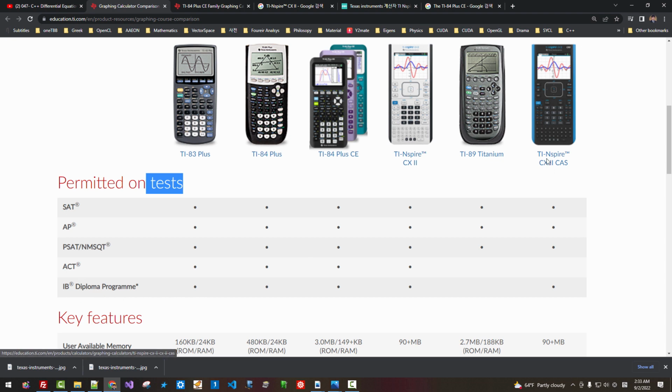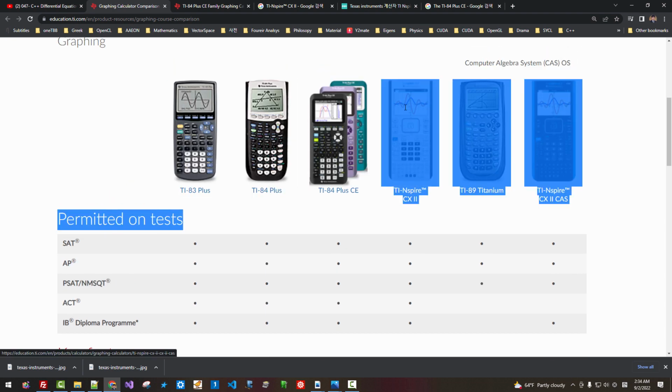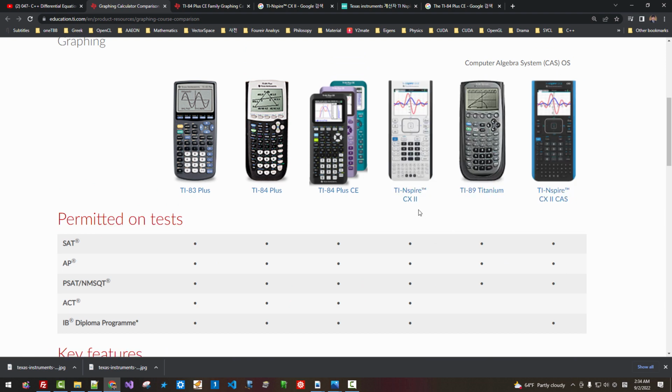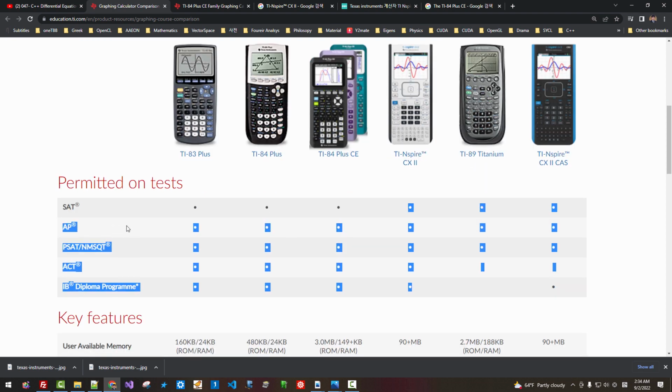In the case of the TI Nspire CX2 CAS, the ACT does not allow it, so please consider this point. If you have to purchase just one, I think this model is the choice because it is allowed for all tests listed here.